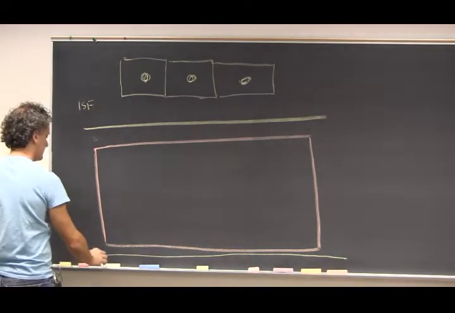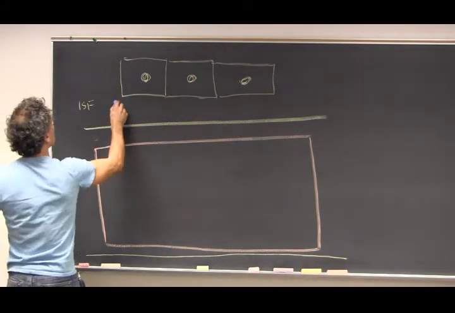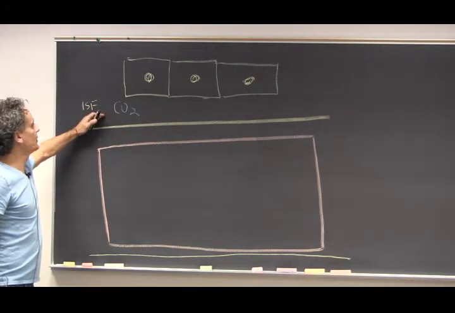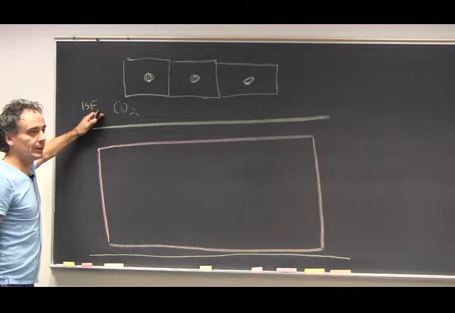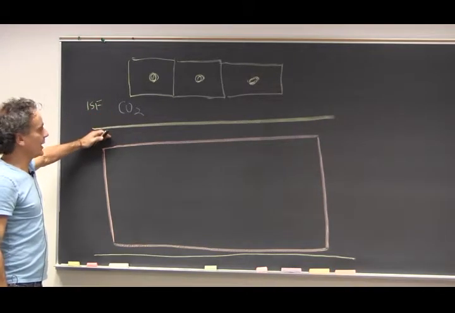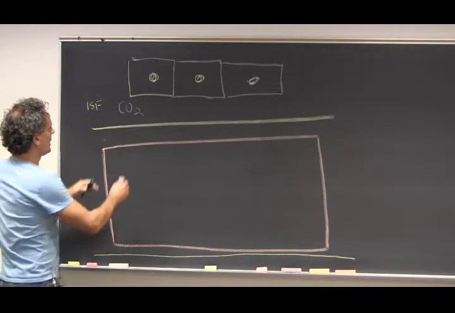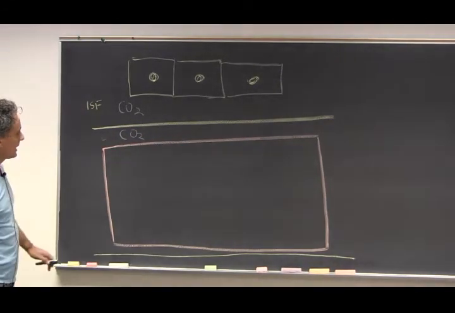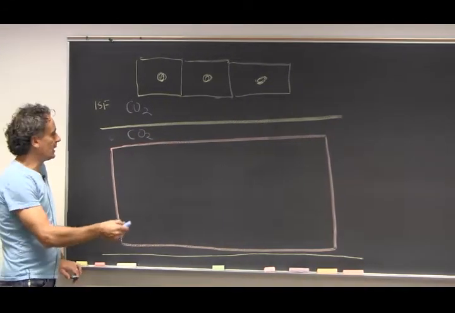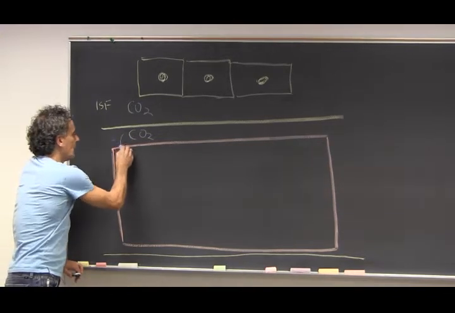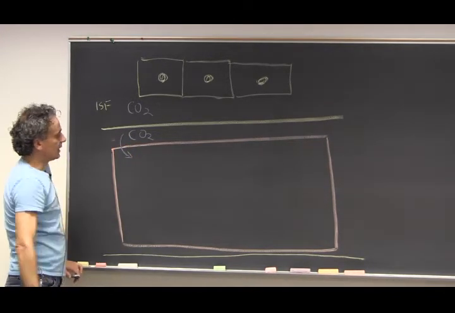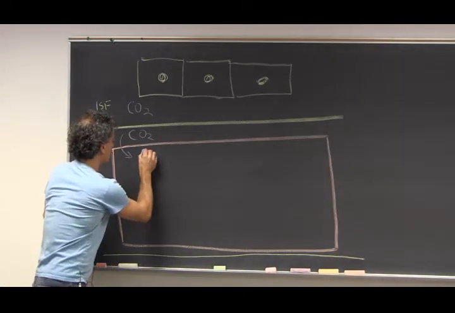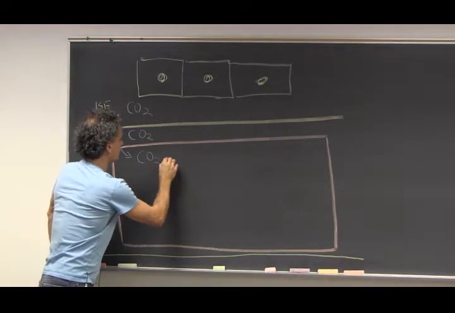Now, the tissue cells produce CO2, which goes into solution in the interstitial fluid and equilibrates with plasma. So CO2 goes into solution in plasma. As CO2 goes into solution in plasma, CO2 will also enter the red blood cell and go into solution in the red blood cell. So we have CO2 in solution.